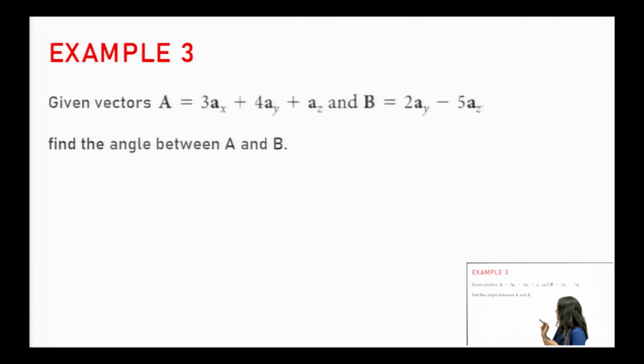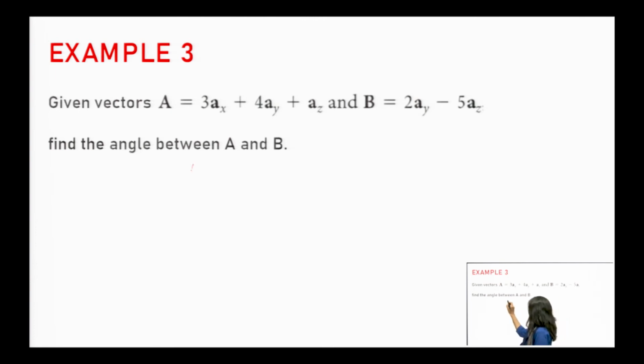Now in this we will see the multiplication. We know that multiplications are of two types, that is dot product or cross product. So we can solve such kind of problem using either dot product or cross product.